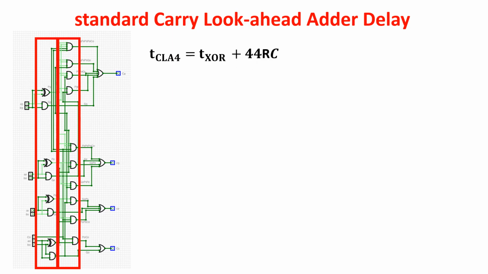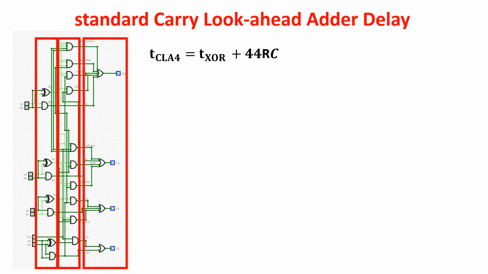The third stage is composed of OR gates working in parallel, and the slowest is the OR gate with 5 inputs, taking 44RC time. If you remember the CLA header, there is a fourth stage with 2-bit input XOR gates working in parallel, so we add another T-XOR time. The total time is then 2 T-XOR plus 88RC.